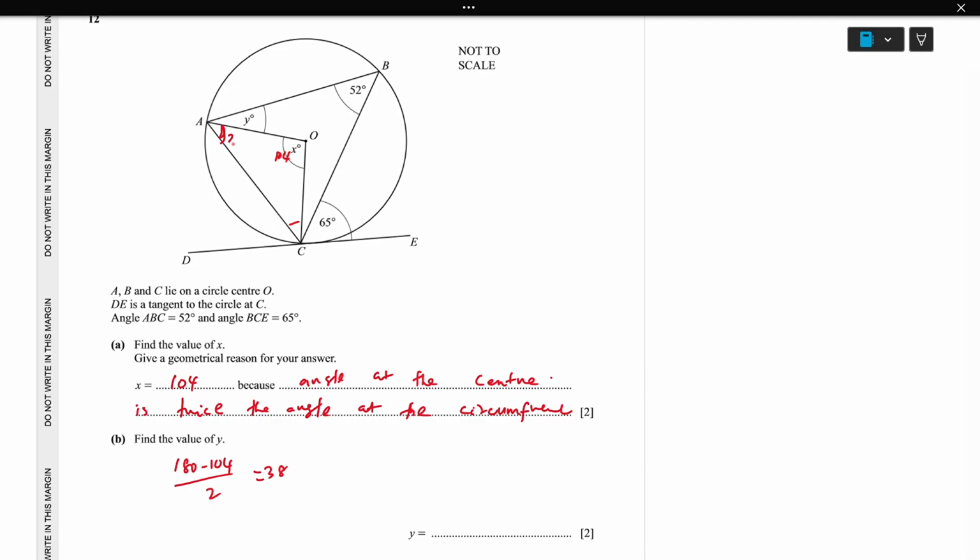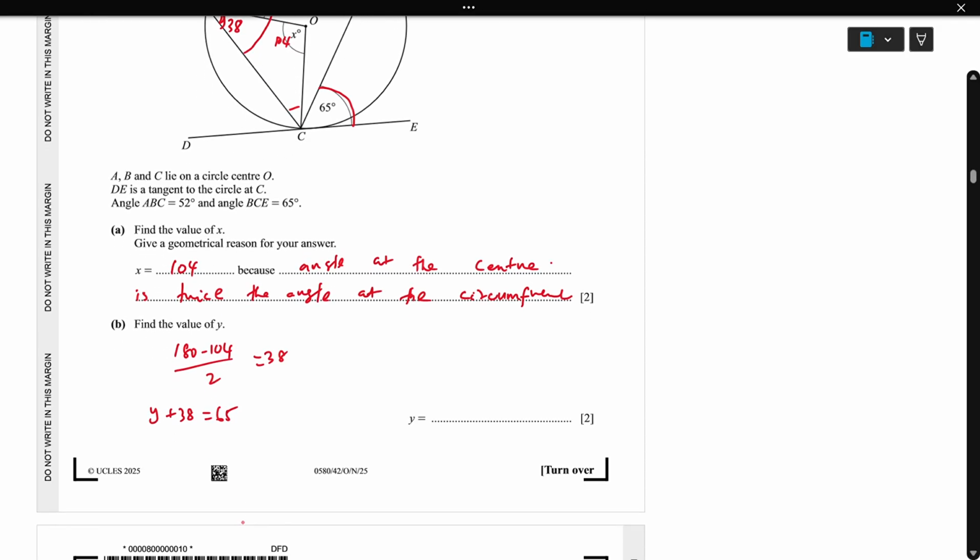Now we know this entire angle is 65 because of alternate segment theorem. So y plus 38 equals 65, so y equals 65 minus 38, which is 27. So 27 degrees is the answer here.